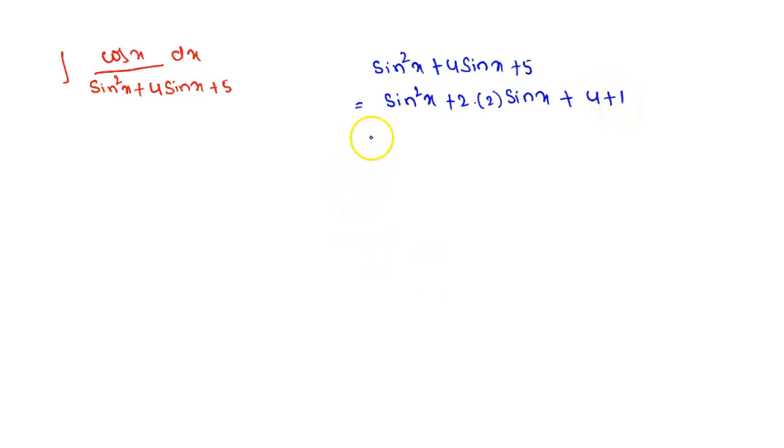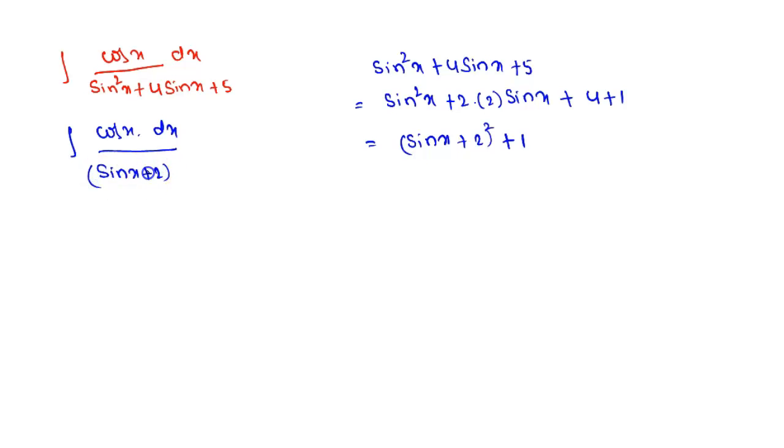So here a square plus 2ab plus b square formula is there. This can be written as (sin x plus 2) whole square plus 1. So replace in that question. The question will become like this: integration cos x dx by (sin x plus 2) whole square plus 1.